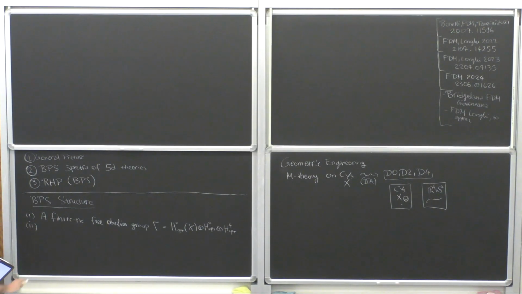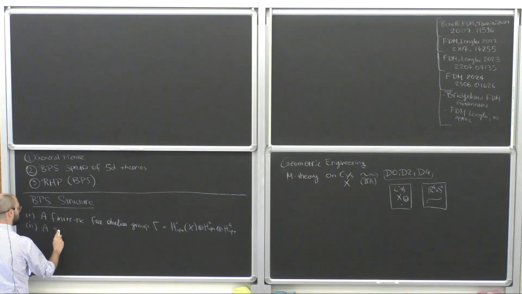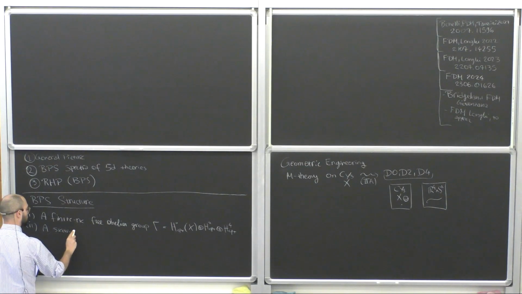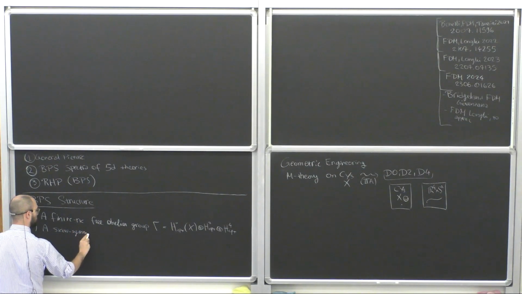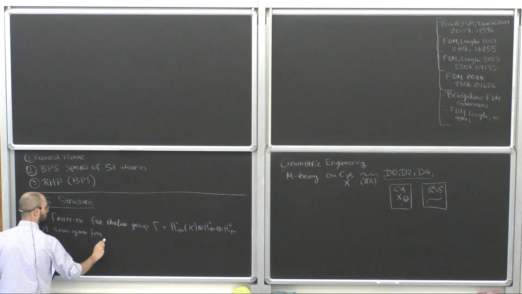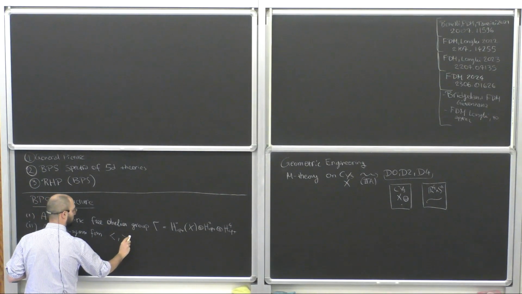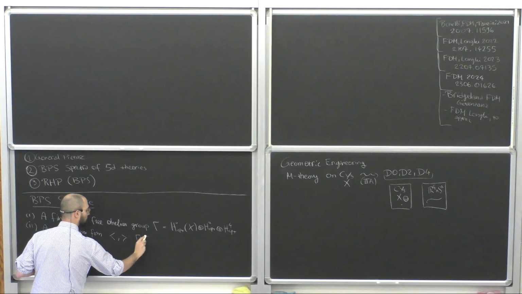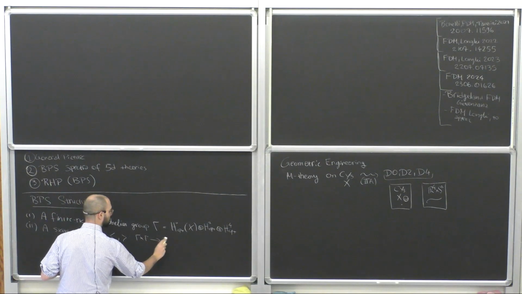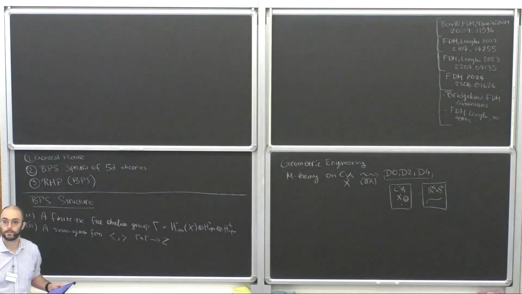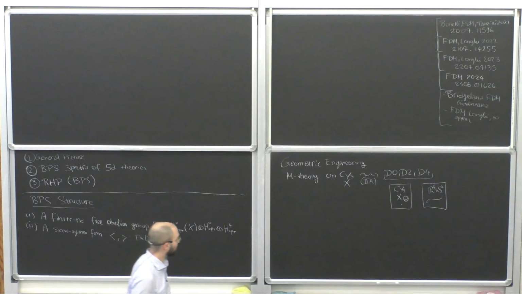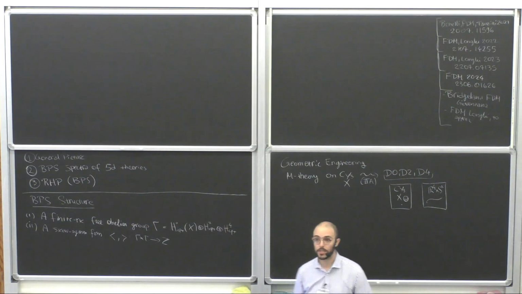Then the second thing that enters in the description of BPS particles is a skew symmetric form from gamma to Z. Yes, please. So as I said, I'm considering cohomology with compact support.